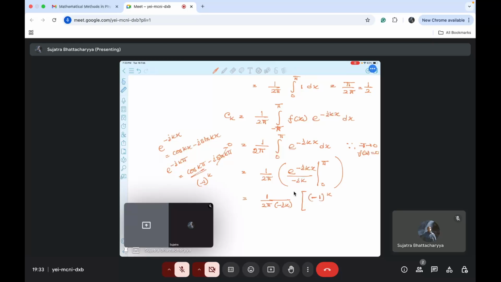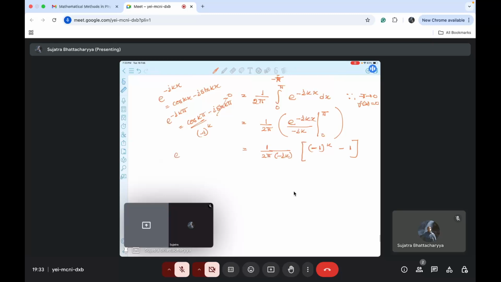Like this, we can write. And at 0, it will be cos 0 minus i sin 0. The sine is 0, so this will be 1. So this is how we can write. Minus you can take outside.